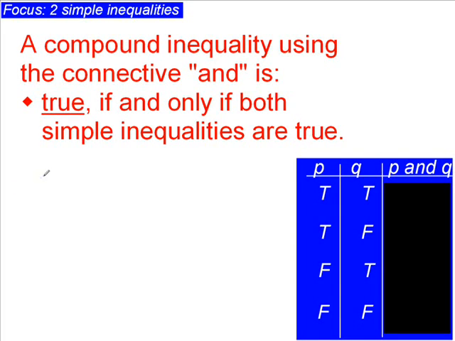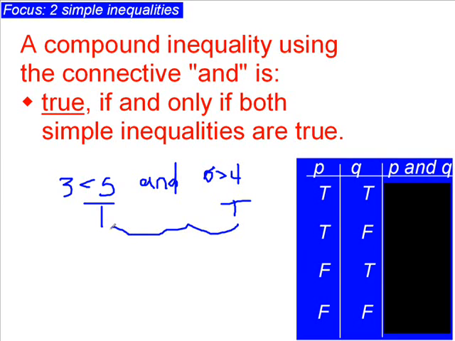So for example, if we have 3 is less than 5 and 6 is greater than 4, the first inequality is true, the second inequality is true, therefore the compound inequality is true.